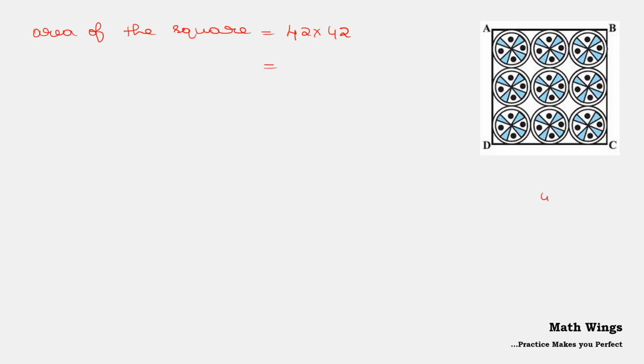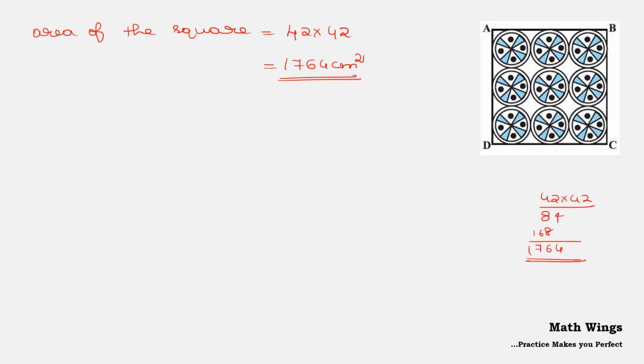When I do the multiplication of 42 into 42, I'm getting 1764, and the unit is centimeter square.